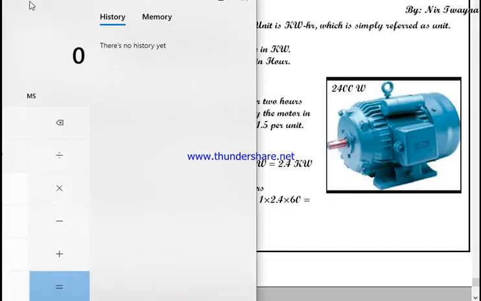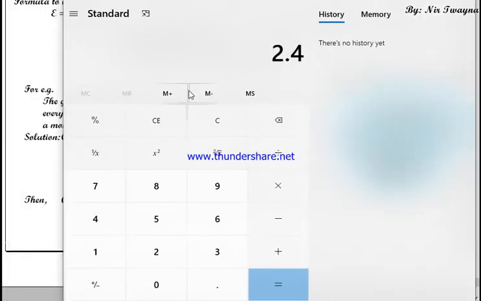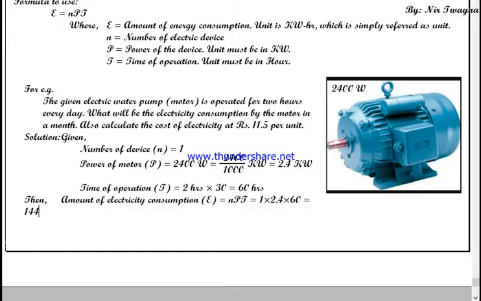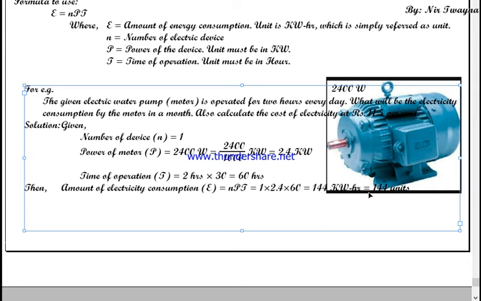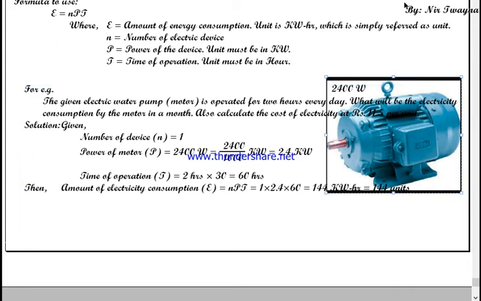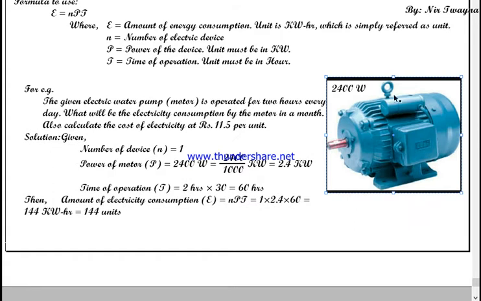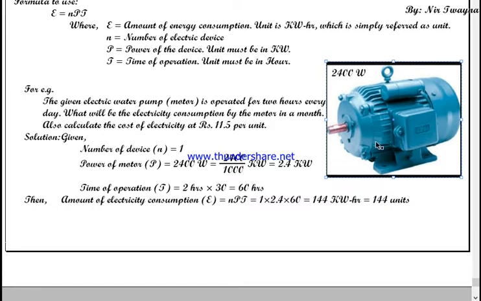How much do you have? 2.4 into 60 is 144, and its unit would be kilowatt-hour, which is also simply indicated as units. So your electricity consumption by this electric motor would be 144 units. Any confusion up here?